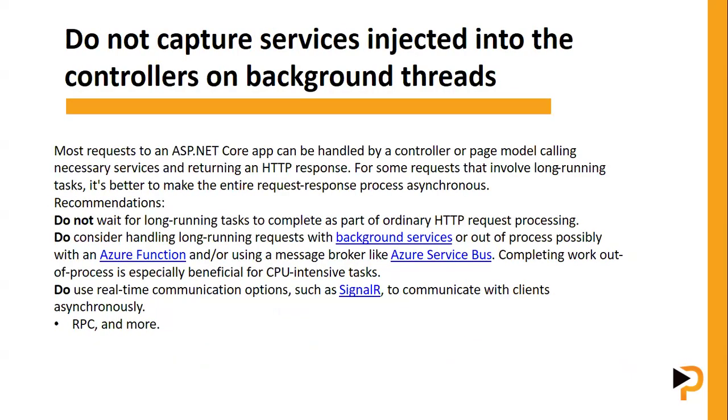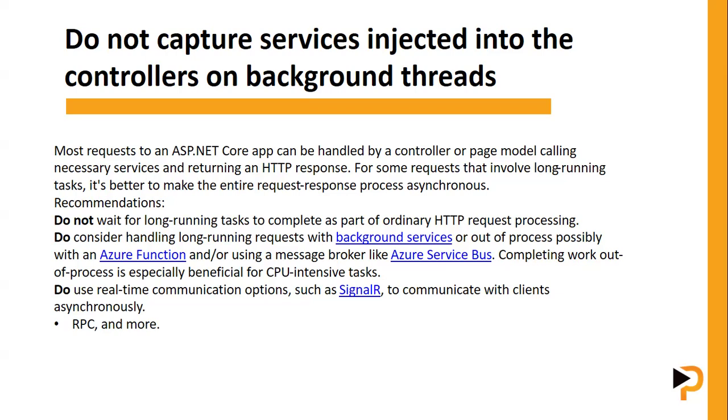But next, do not capture services injected into the controller on a background thread. This is one best practice, so don't miss it. Most requests to an ASP.NET Core app can be handled by a controller or a page model calling the necessary services and returning the HTTP response. For some requests that involve long running tasks, it is better to make the entire request response process asynchronous.